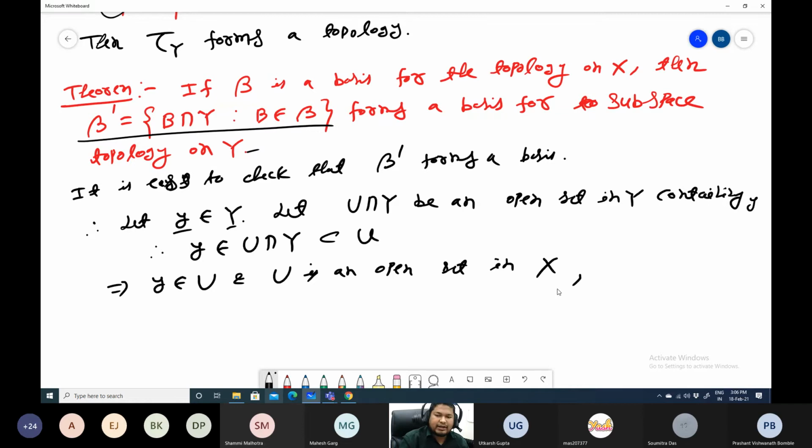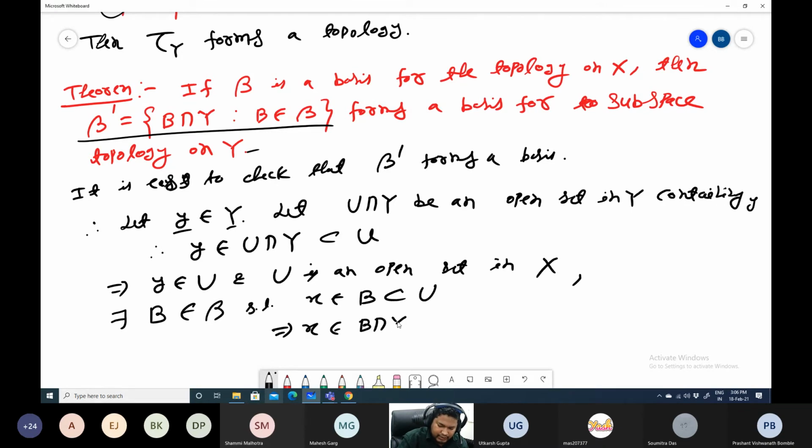Now by the definition of open set, there exists a basis element B from beta such that x belongs to B subset of U. Now that implies x belongs to B intersection Y subset of U intersection Y, as x belongs to Y. Okay, so we are done.